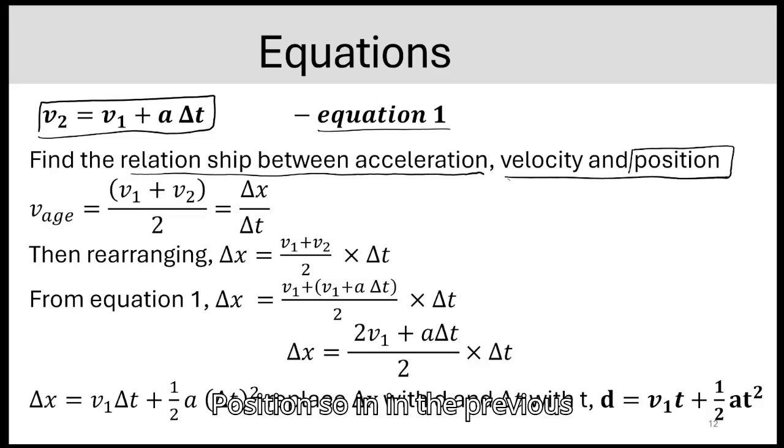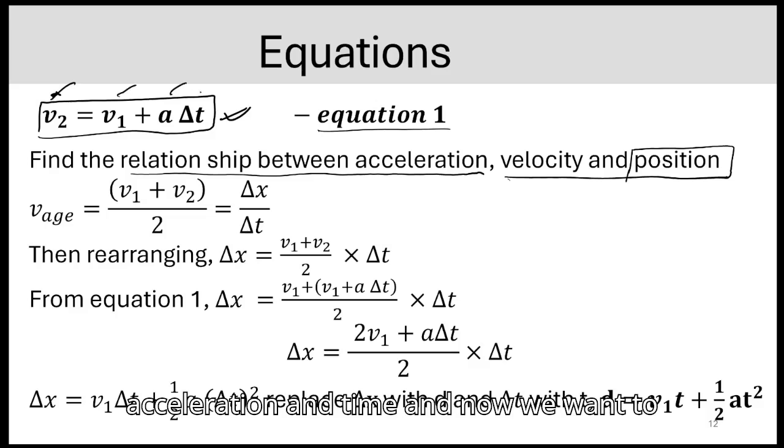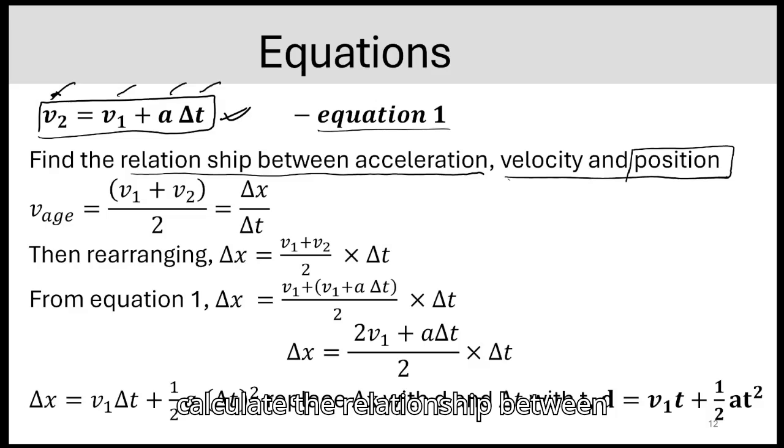In the previous equation we calculated the final velocity in relation to initial velocity, acceleration and time, and now we want to calculate the relationship between acceleration, velocity and position.